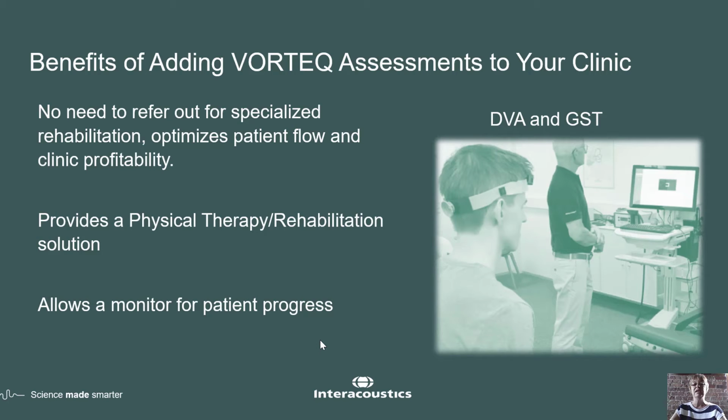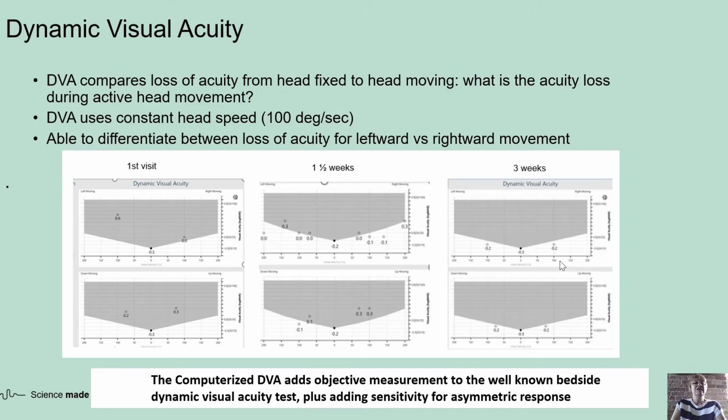And then, of course, that objective measure of patient progress. These tools are nice because I can monitor my patient's progress from visit to visit. So here's an example of a dynamic visual acuity test. We can see that the patient was seen over several visits up until 3 weeks. On the first visit, this black dot represents his static visual acuity score.